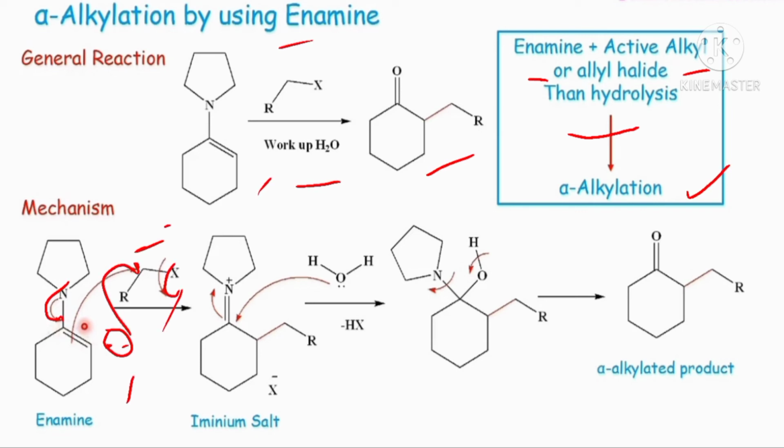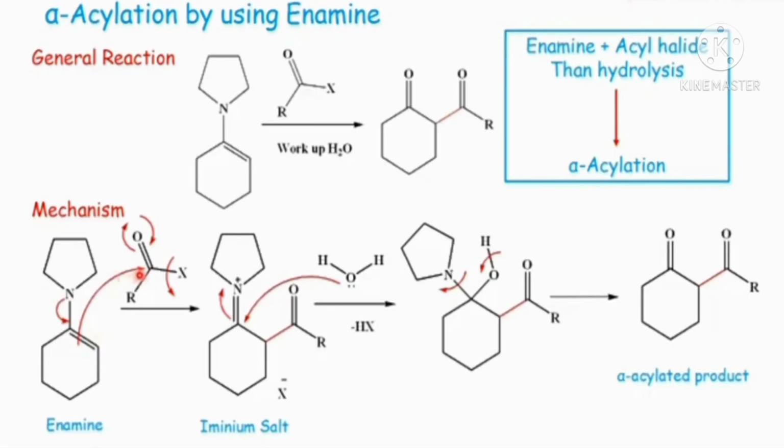Okay, and here formation of iminium salt. Okay, in this enamine reaction the formation of the iminium salt takes place. The next step is hydrolysis by using a water molecule and the formation of the alpha alkylated product.